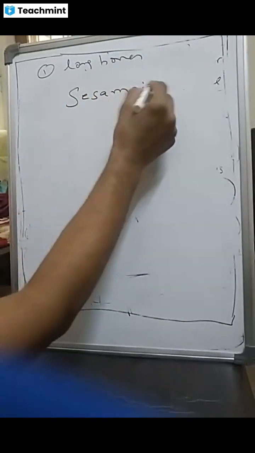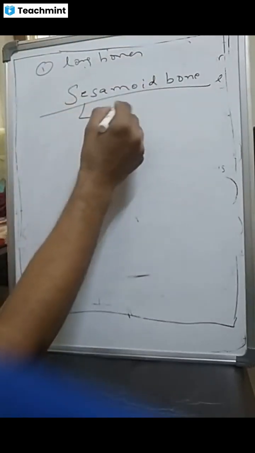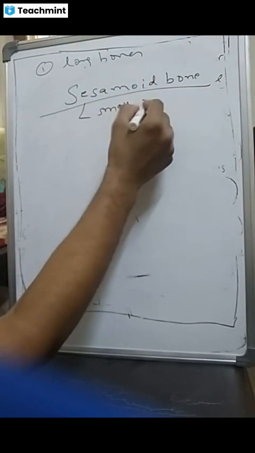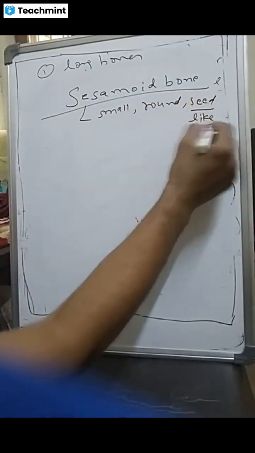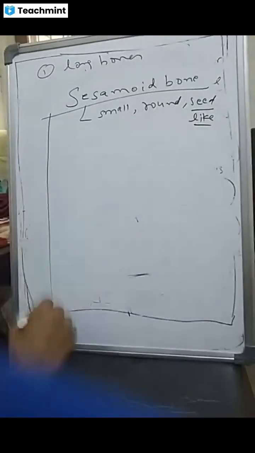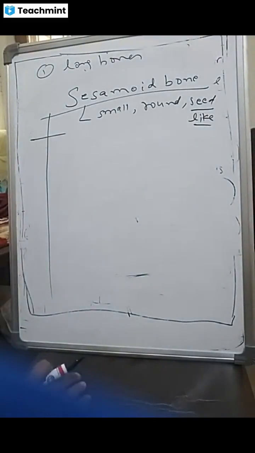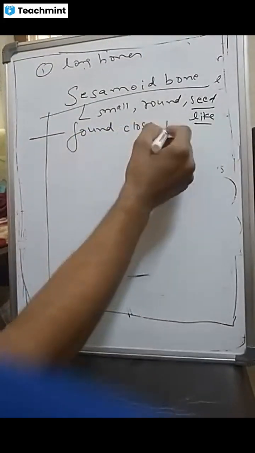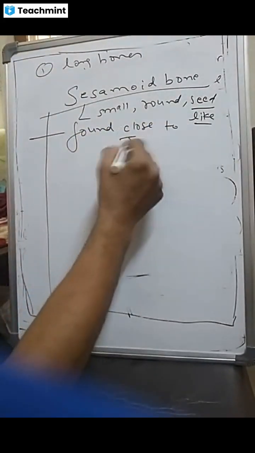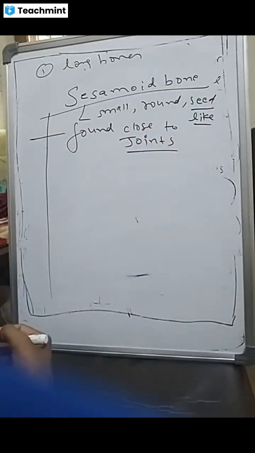Sesamoid bones are small, just like a seed, seed-like. They are found close to joints.